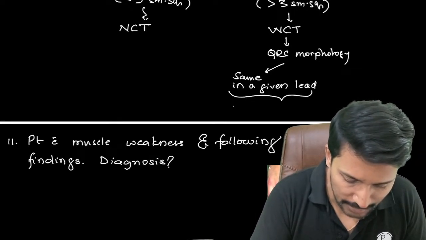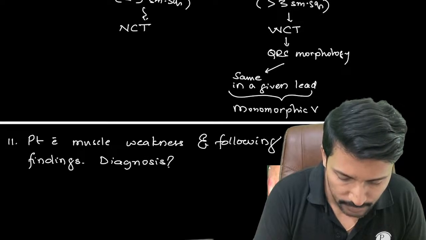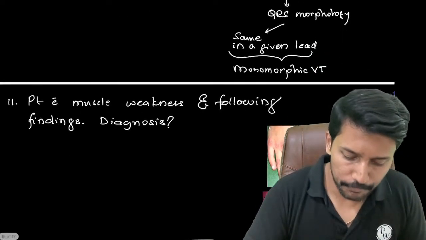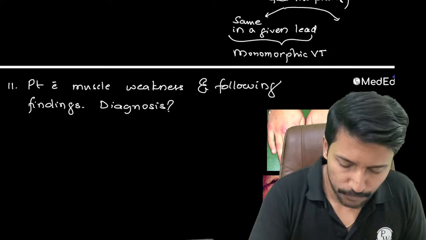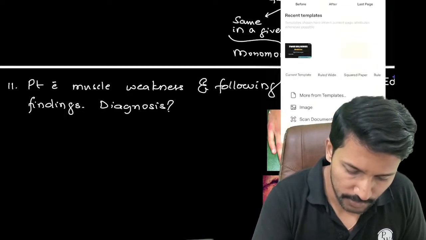We call that condition monomorphic ventricular tachycardia, monomorphic VT. And if they are varying, then we are left with two possibilities. What are the possibilities?